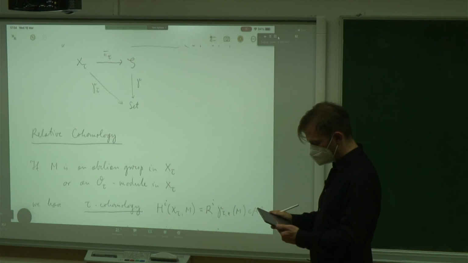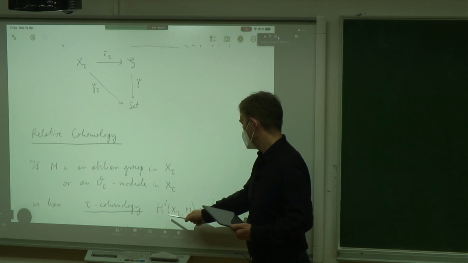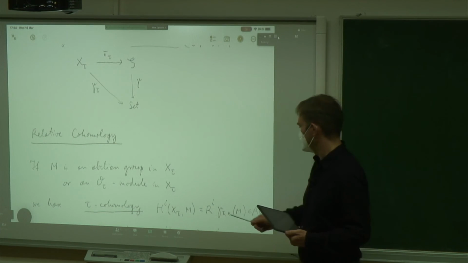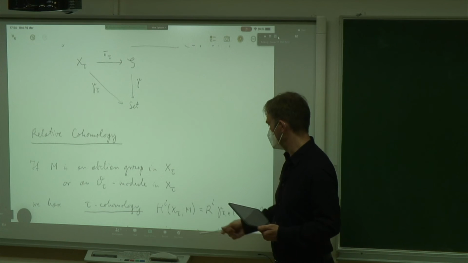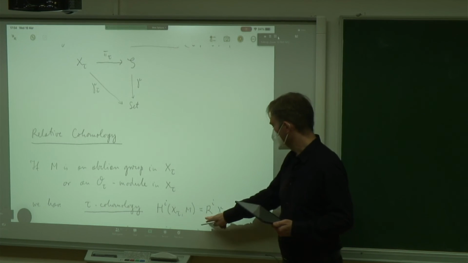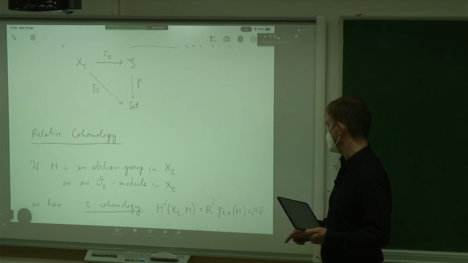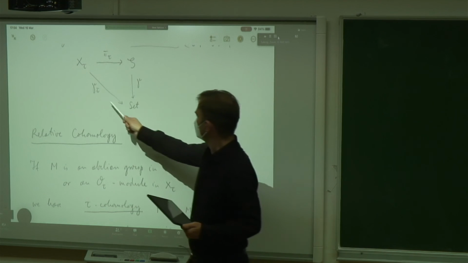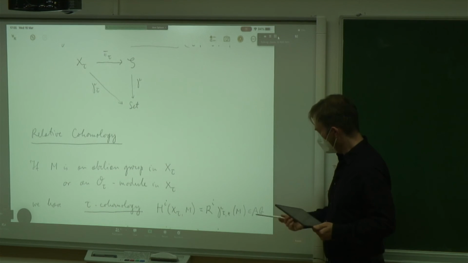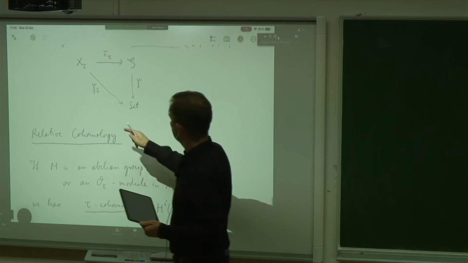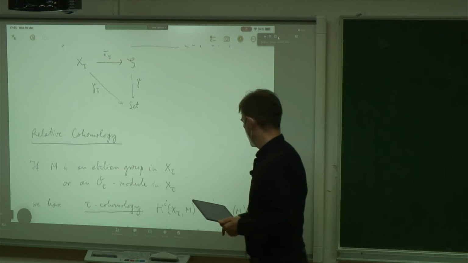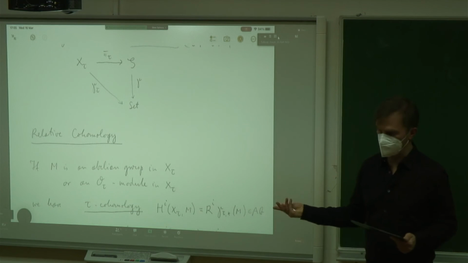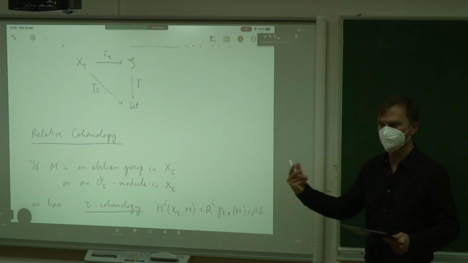You can define the tau cohomology, say the ith tau cohomology of M with respect to the scheme topology tau, as the higher derived images of this global sections functor gamma tau, and simply because this functor lands in Set, what you obtain here is an ordinary abelian group, a model in Set.